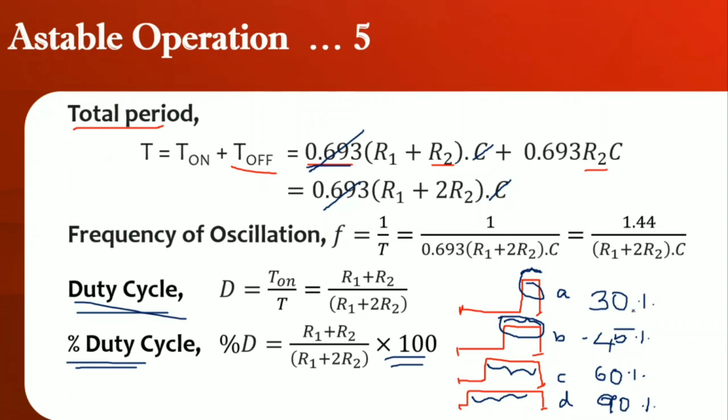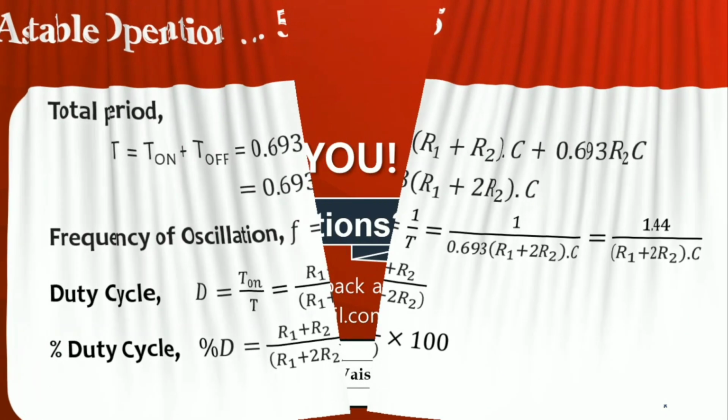So 30% duty cycle, 45% duty cycle, 60% duty cycle and 90% duty cycle. If it is a 30% duty cycle, it means that for 30% of the time period your signal remains in the on state. If I say 60% duty cycle, it means that for 60% of the period the signal remains in the on state. This is what duty cycle refers to.